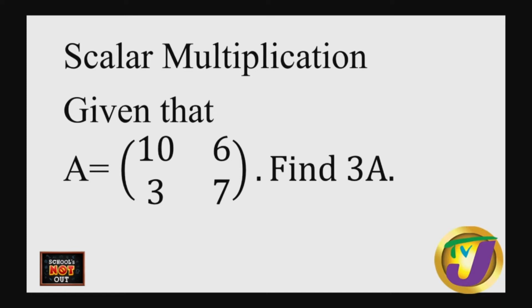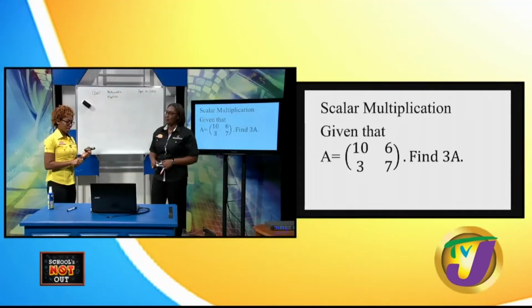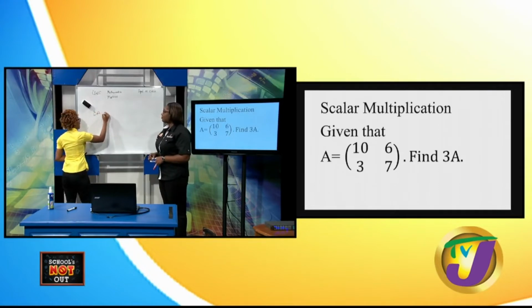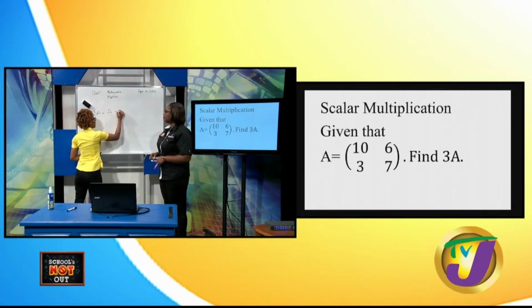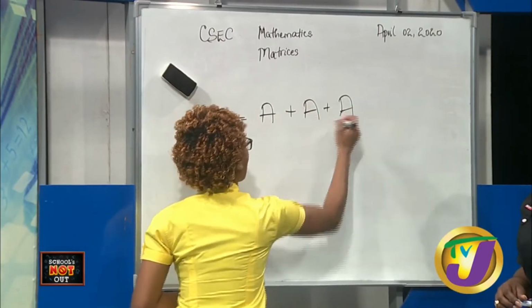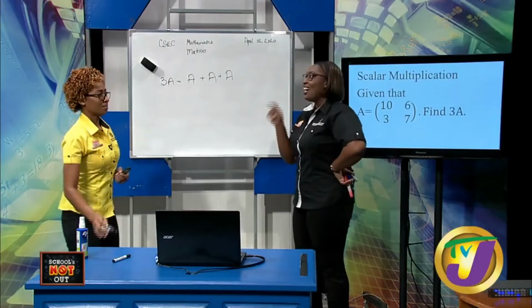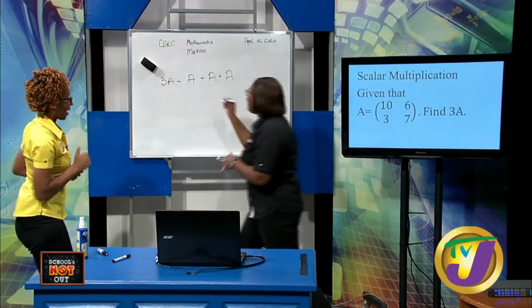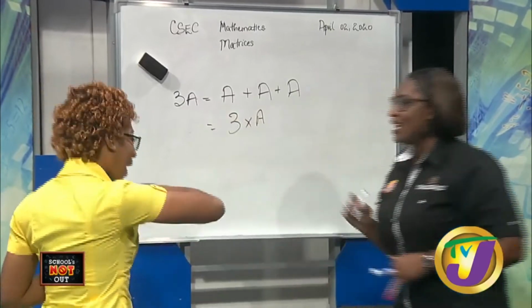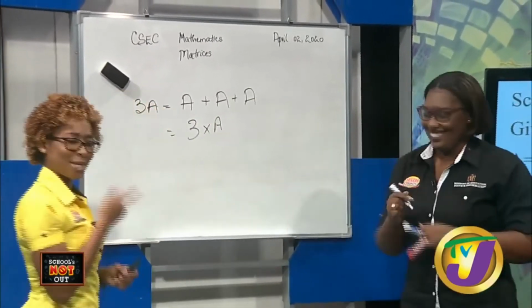All right, let me tell you what I think 3A means. 3A to me means A plus another A plus another A. That is just 3 times A. That's another way of writing it. You got it, Brittany.